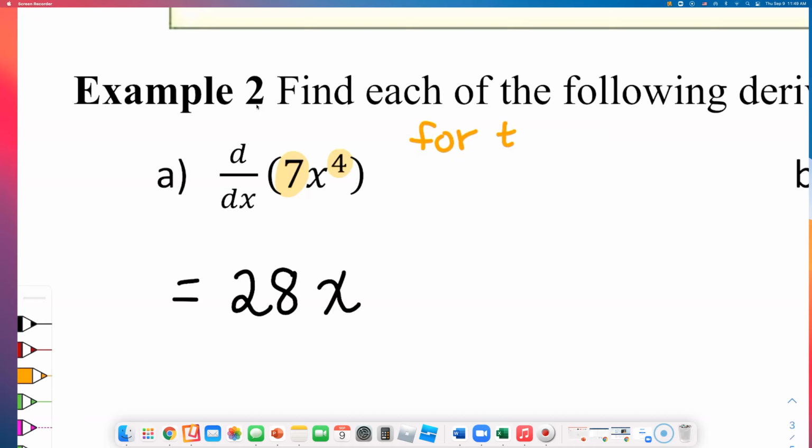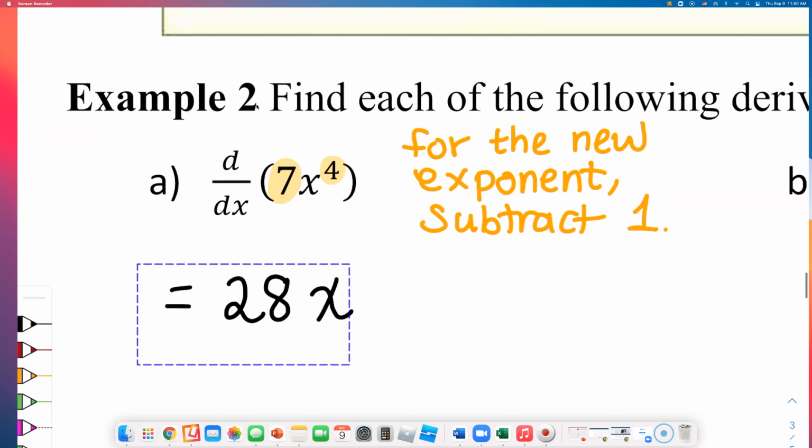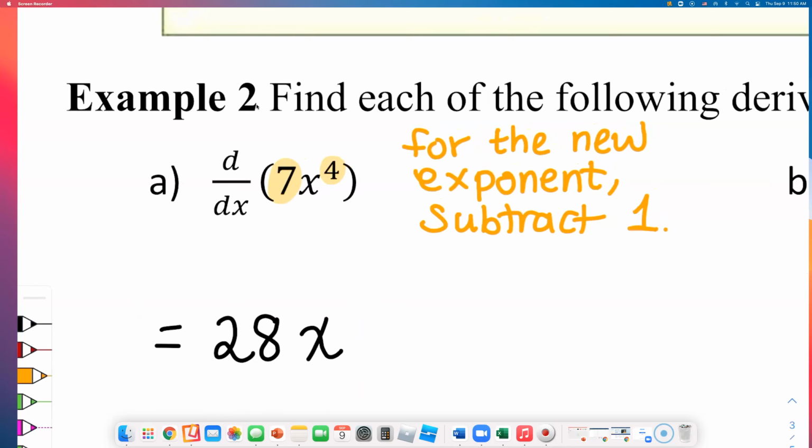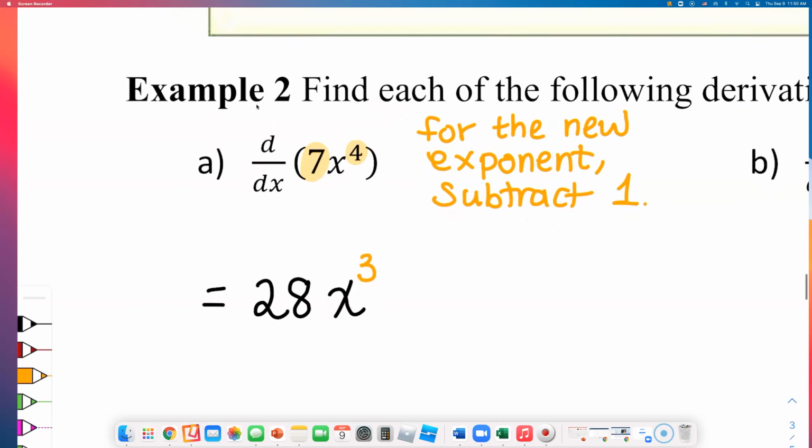For the new exponent, subtract 1, right? Subtract 1 from the original exponent. So if you do 4 minus 1, the new exponent is 3, okay? So that's it. That's how we find the derivative of 7x to the 4th power.